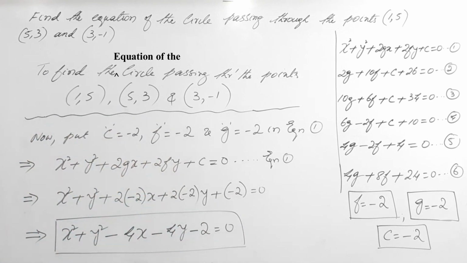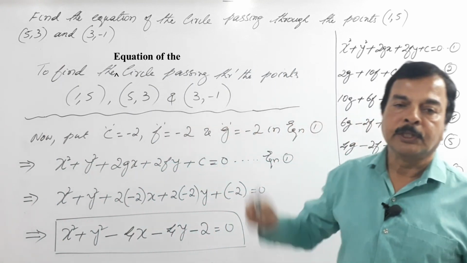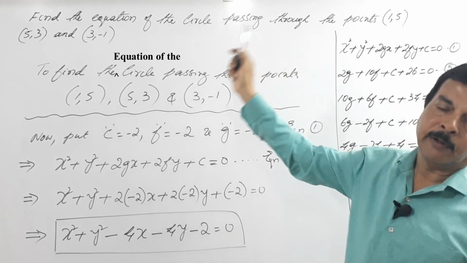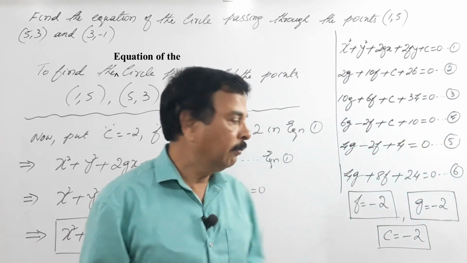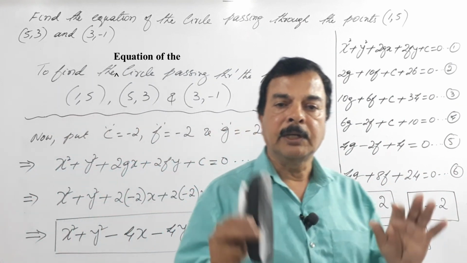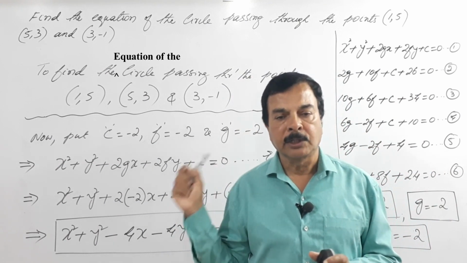So finally, this is the required equation of the circle passing through the points 1 comma 5, 5 comma 3, 3 comma minus 1. If you get such problems, this is the only method, a procedure which is very simple, very clear and very easy to solve this problem.